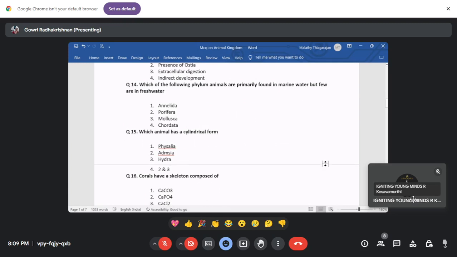Which of the following phylum animals are primarily found in marine water but few are in fresh water? Porifera. No, Mollusca. Ma'am, but there are certain freshwater sponges and also a lot of marine water sponges, so I thought Mollusca was completely marine.